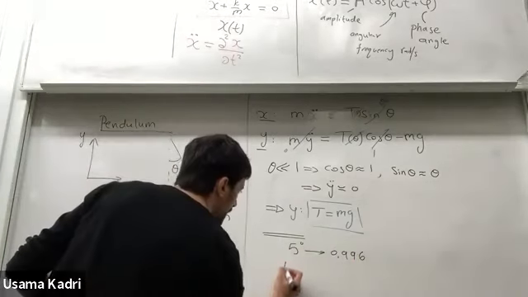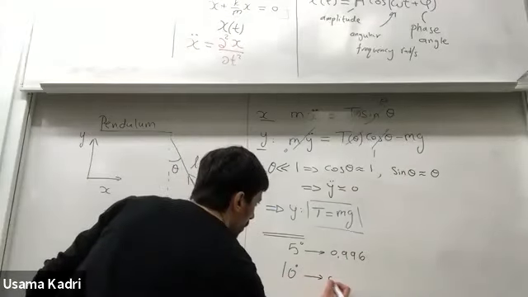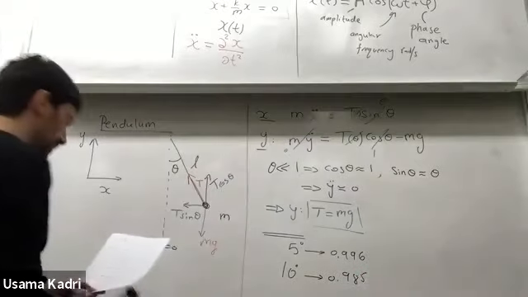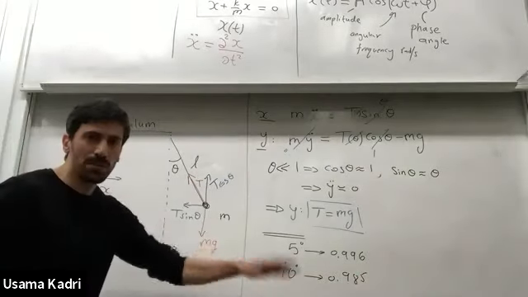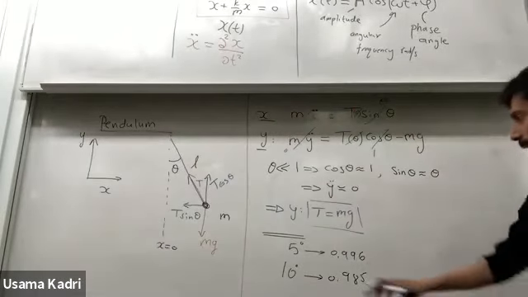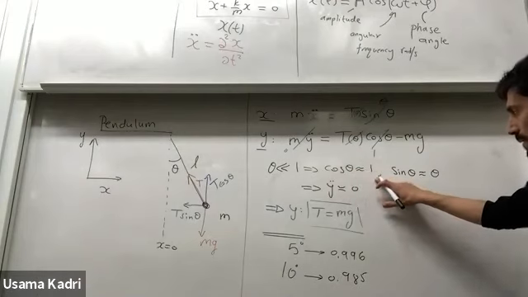If you take 10 degrees, you get 0.985. So even when you go to 10 degrees, the difference from 1, right? What I'm looking at is cosine theta. So cosine theta equals 1.